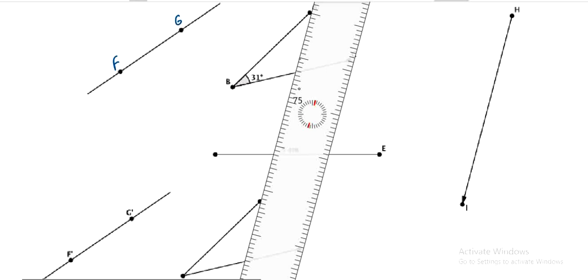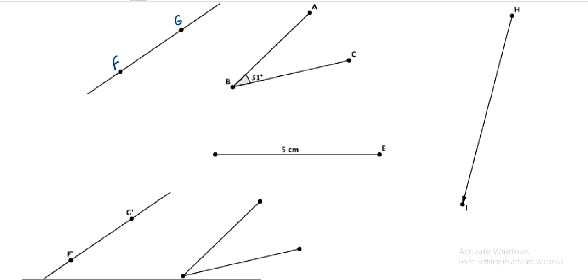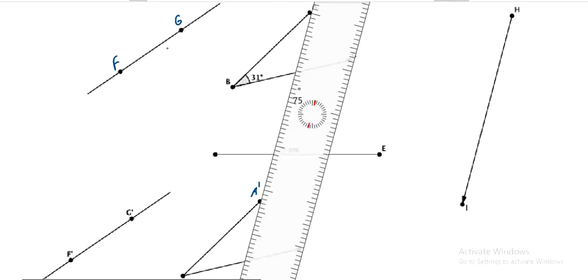If I go down 10, 20, 30, 40, 41, 42, and 43. So this is the original A, and this must be A prime. And you could probably guess what the rest is.